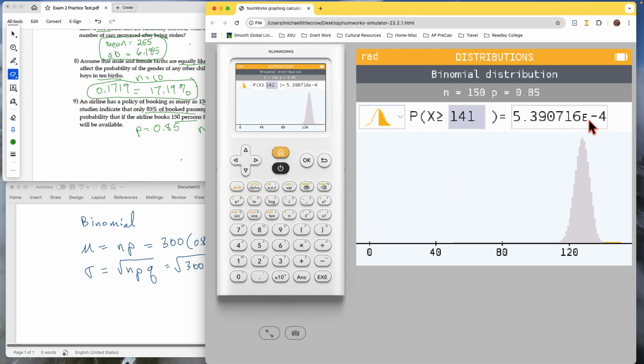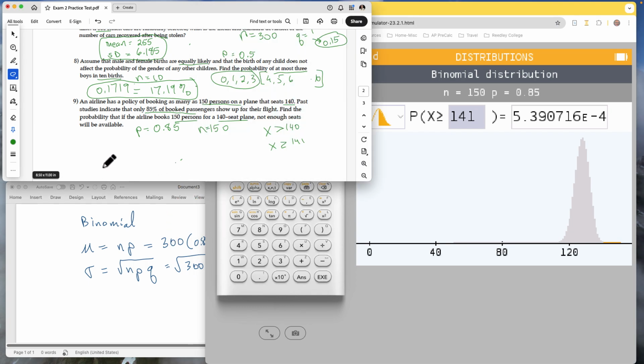And we get this number, which is a very small number. We have to see what is this e to the minus 4. That is scientific notation. So this number is 5.391. We'll round it that way, times 10 to the minus 4. That means that we will take the decimal point. Scientific notation, since it's negative, it moves back 4 places. 1, 2, 3, 4. 0, 0, 0.